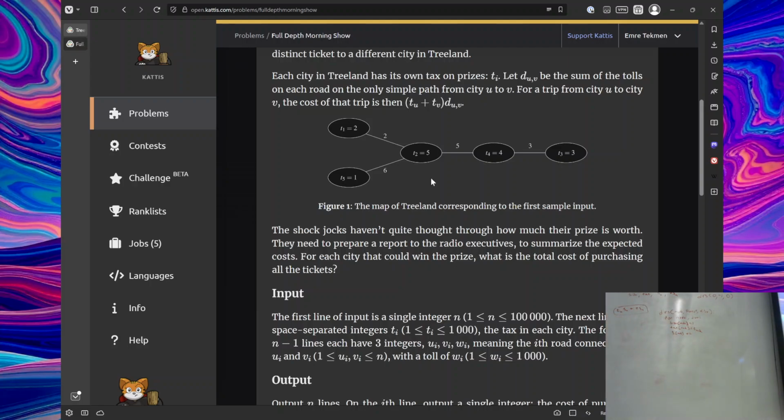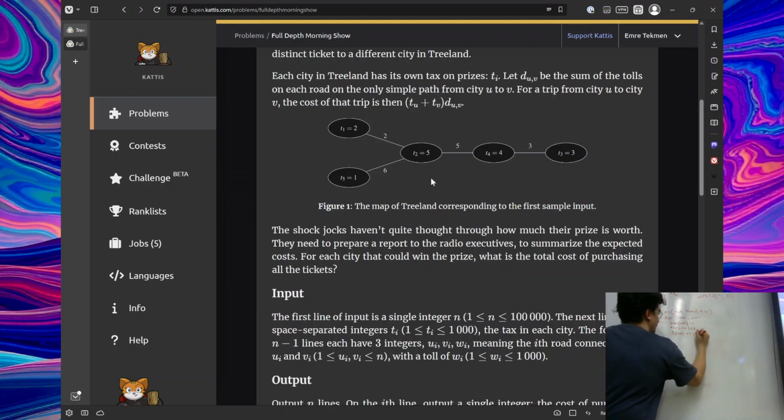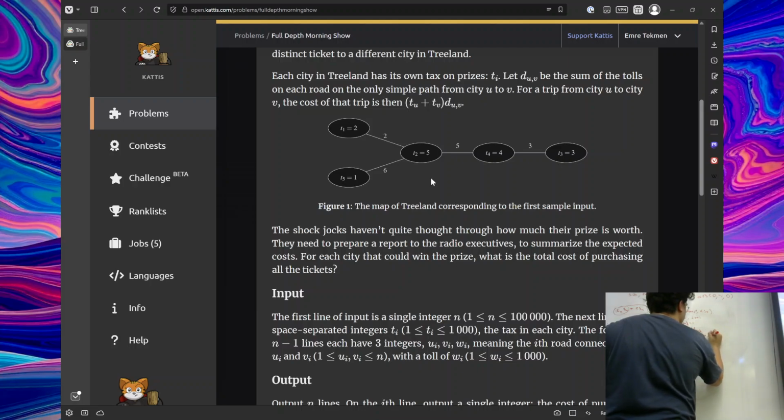And so the sum of the node is going to just be plus equal this part: T of the node times the distance.